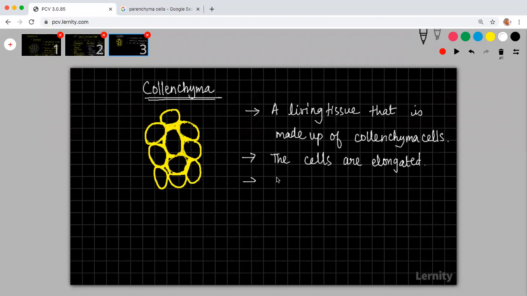They have thin wall or thick wall. What are you able to see? Are you able to see a thin wall or thick wall? Thick wall.